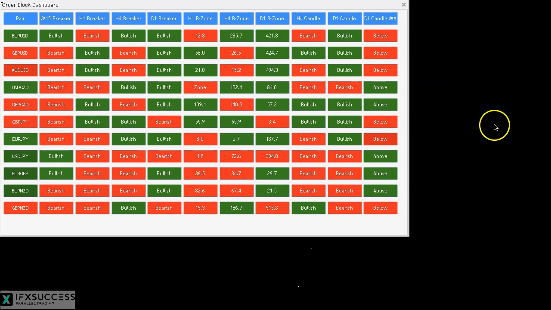And so what else do we have here? You see, we're just looking for confluence. We're just looking for things that can actually go my way. Like we have bullish candles, we have a bullish 4-hour breaker.